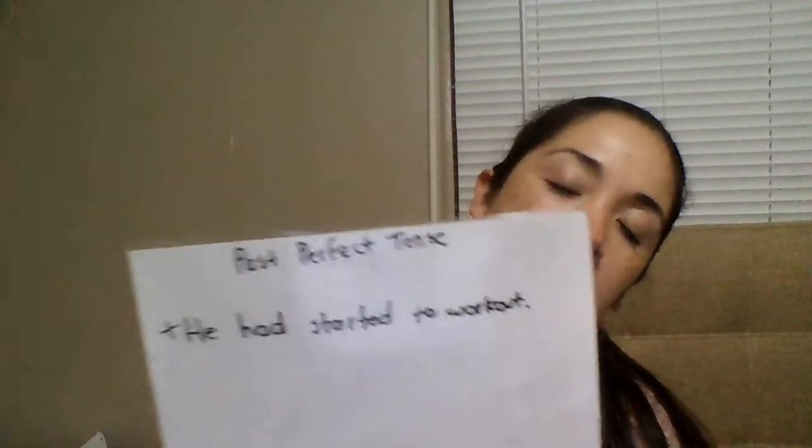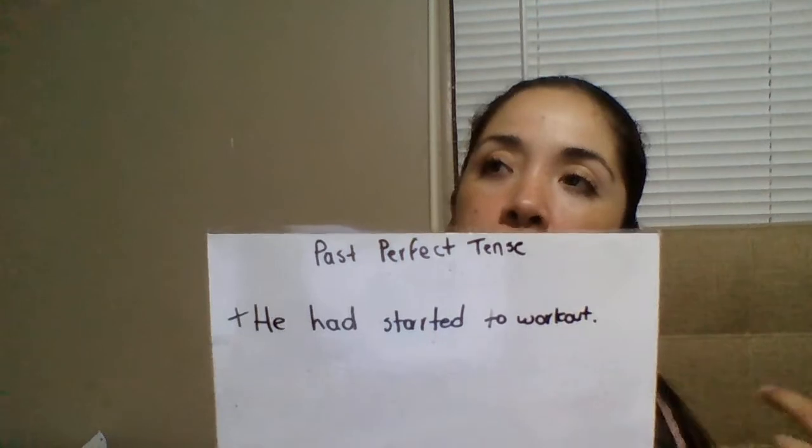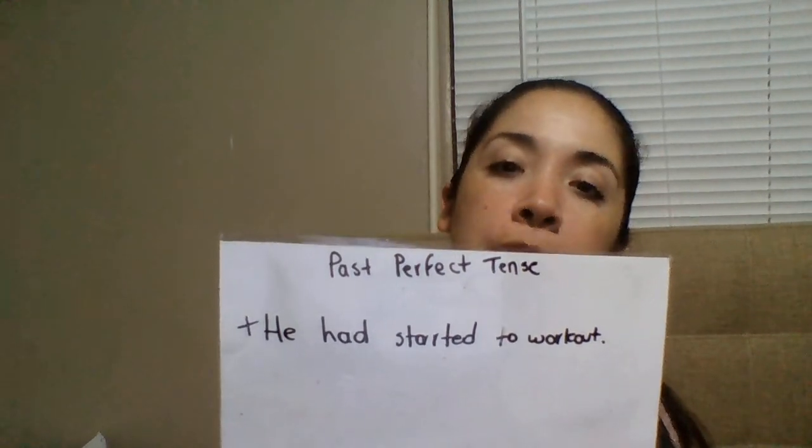It looks incomplete. He had started what? He had started to work out. Okay. He had started to work out. That's a sentence, okay? It looks better, complete. He had started to work out.